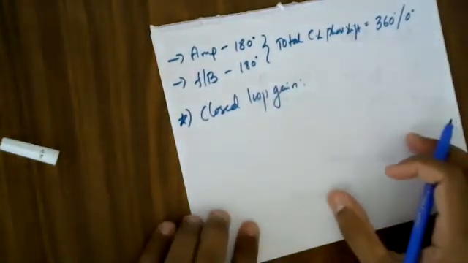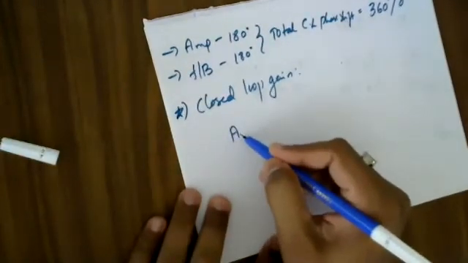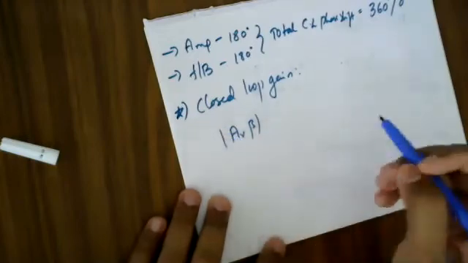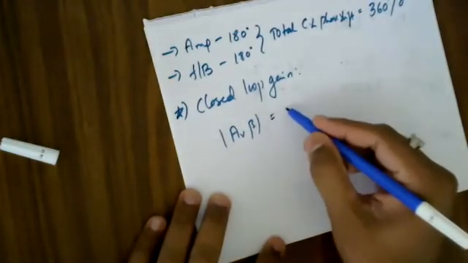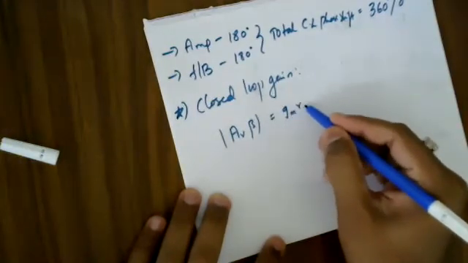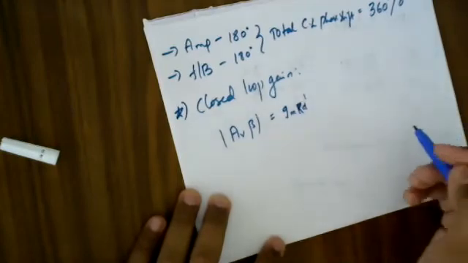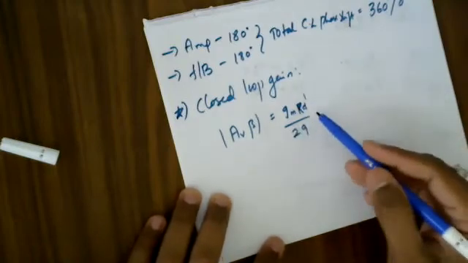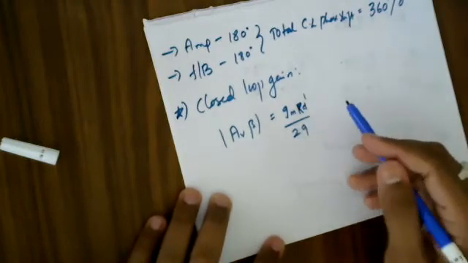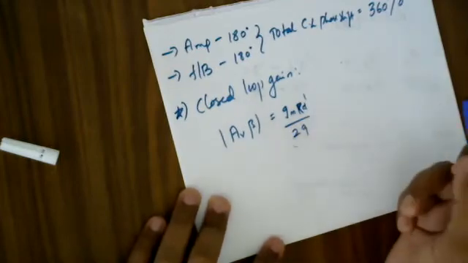Now I know that this closed loop gain, that is Av into beta, the amplitude of this should be equal to Gm into Rd dash divided by 29. Now you may be asking, sir, how are you able to get this magic figure of 29?